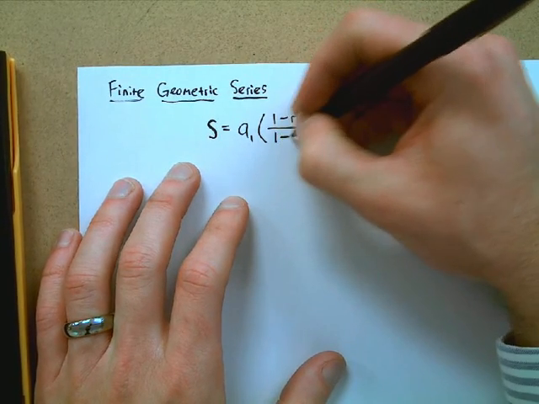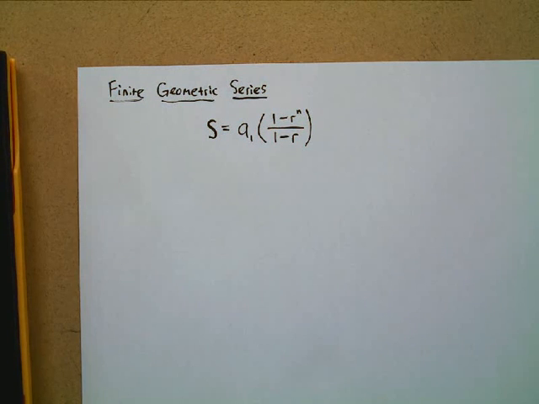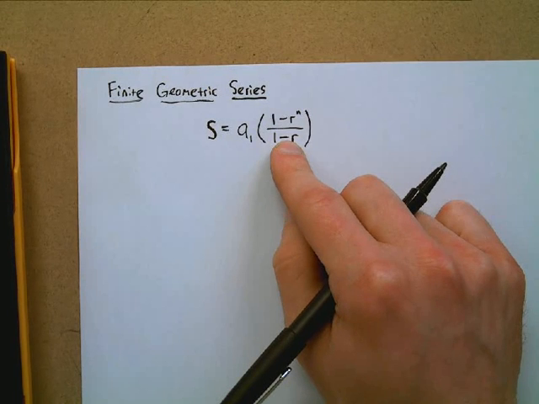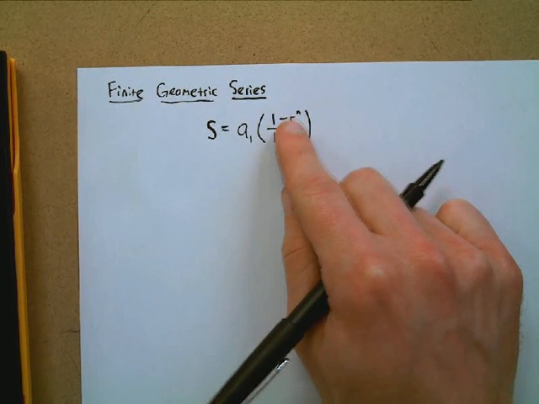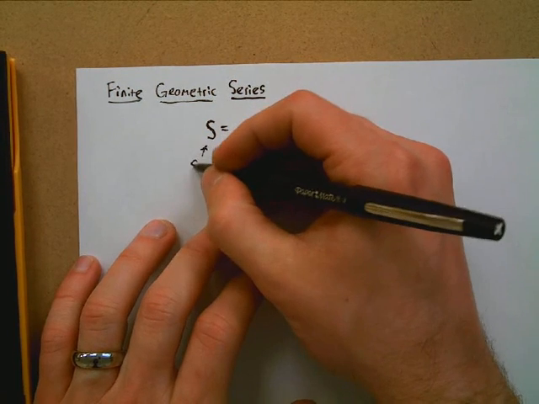Okay, so you need to have parentheses around your numerator and parentheses around your denominator there. Otherwise you'll mess your calculations up. So again, the S stands for the sum. A sub 1 stands for the first term of that geometric sequence. R stands for the common ratio in both cases here. And then n, of course, stands for the number of terms.